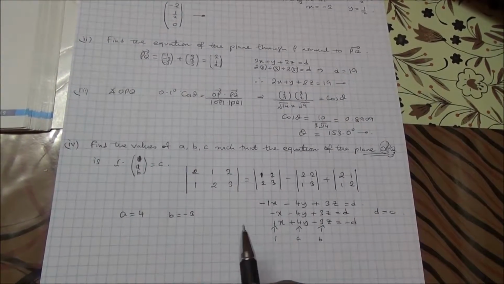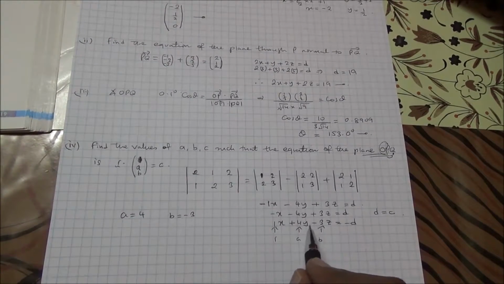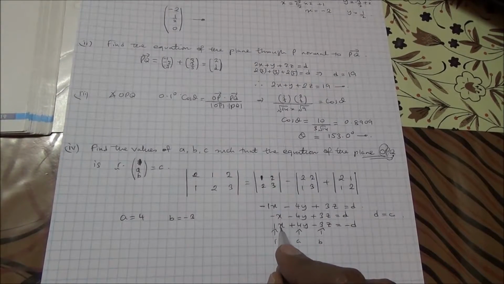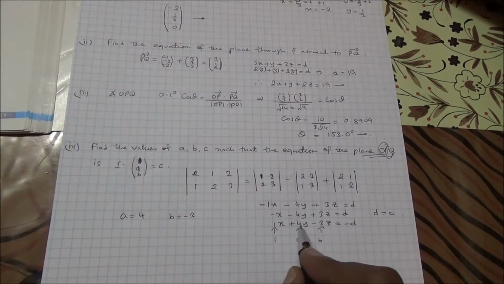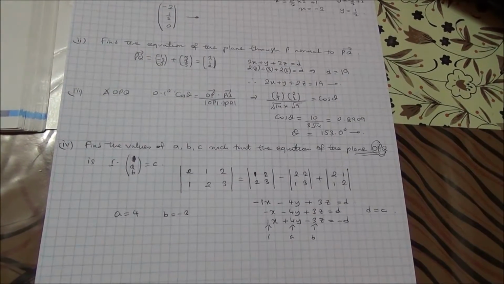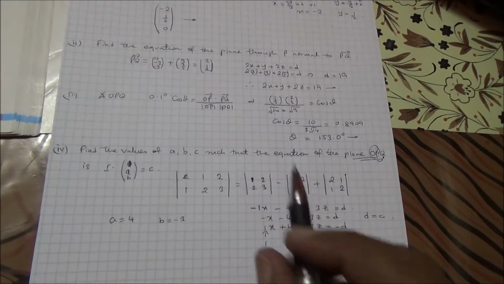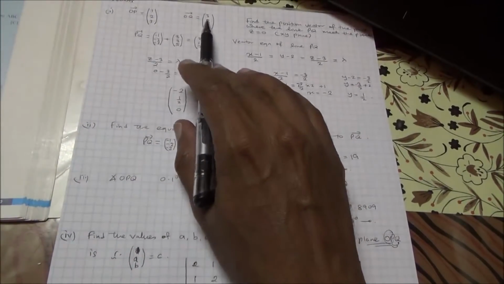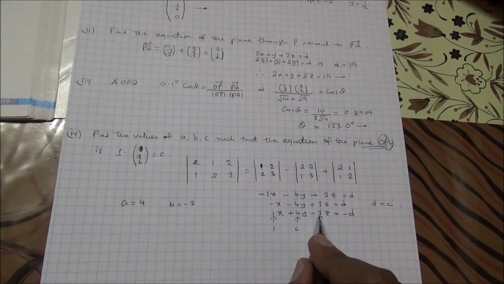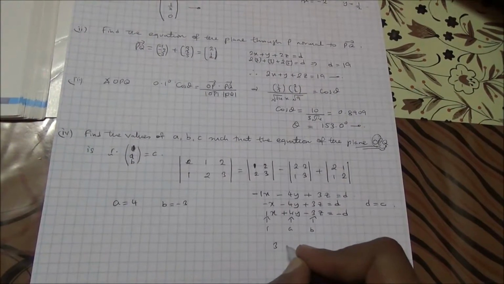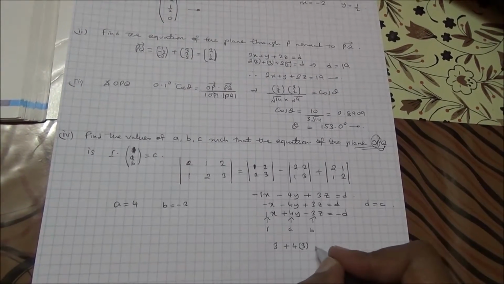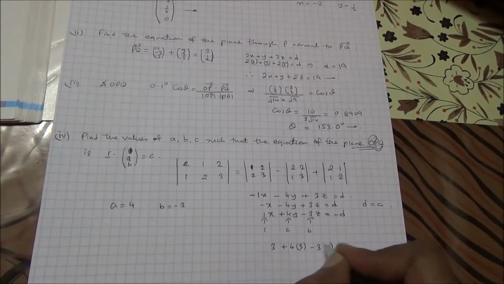So if I substitute x, y, because P is also a coordinate in here, so if I substitute 1 and then 2 here, it's not going to work. What if I take 3, 3 and 5? Let's say 3 plus 4 times 3 minus 3 times 5.